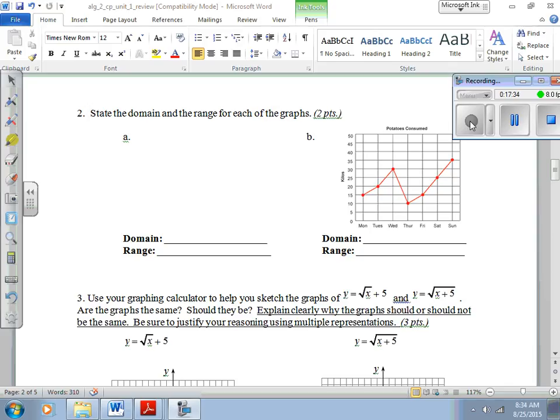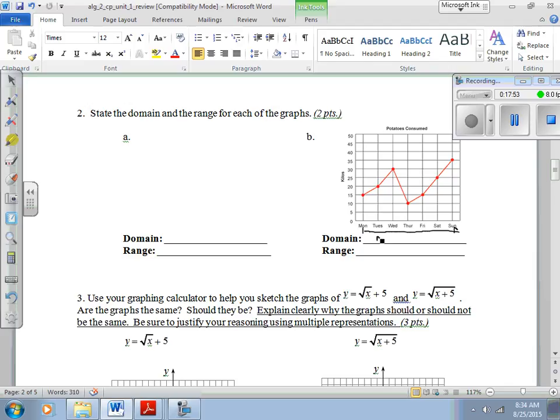Days of the week. So the domain is all the days of the week? Are they all included? Yeah. Starting from Monday through Sunday.